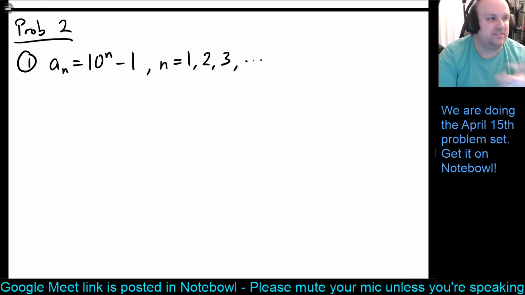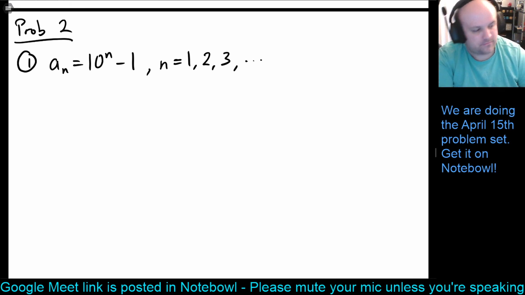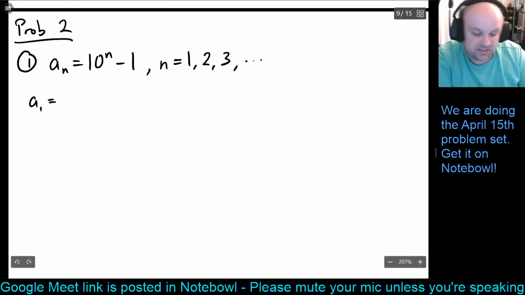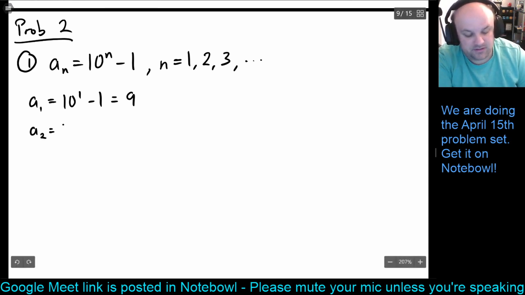Here we have this sequence, 10 to the n minus 1. We just want to figure out, what is this doing? So a1, we're just going to plug in n equals 1. So 10 to the 1 minus 1, that's 9. a2, this is 10 squared minus 1.